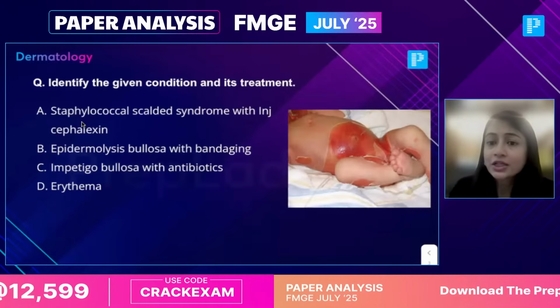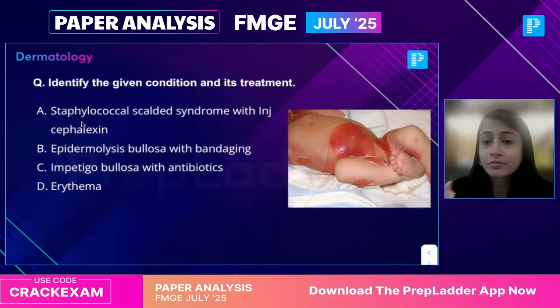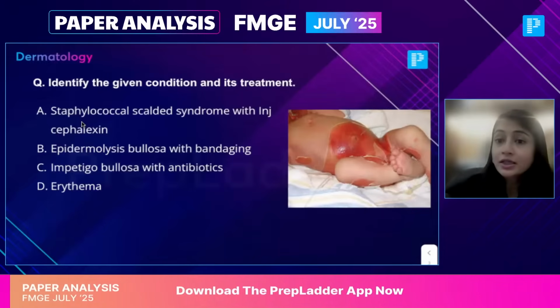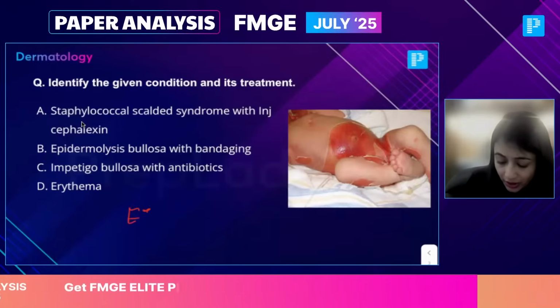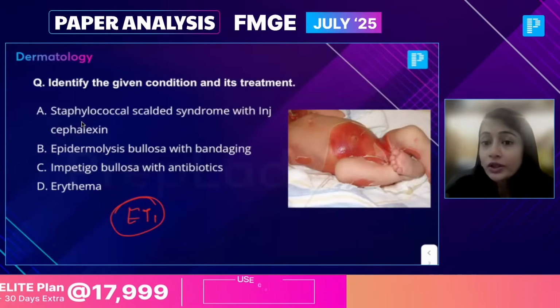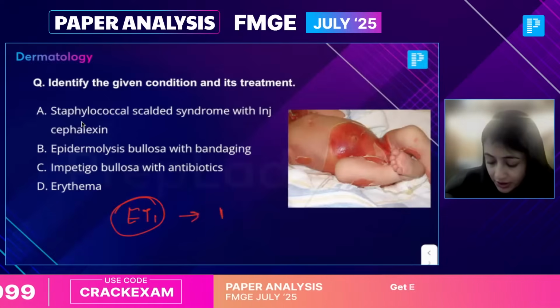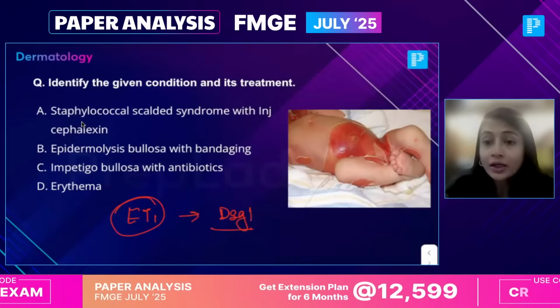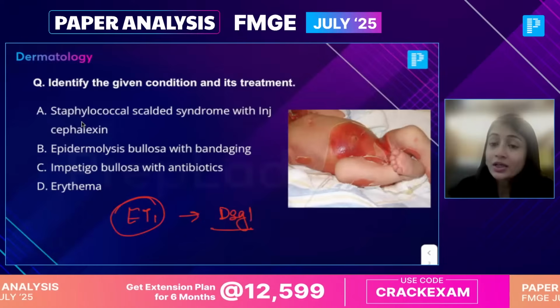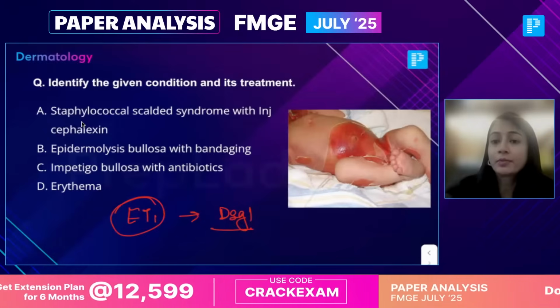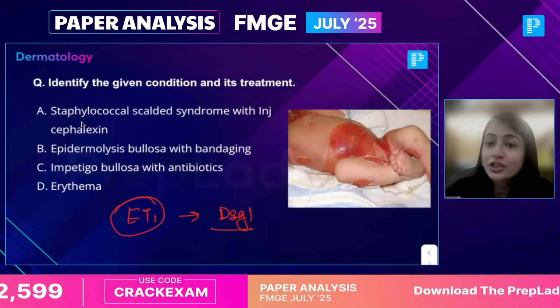The rash is peeling off of the skin because it is the exfoliative toxin which targets desmoglein 1. Since desmoglein 1 is present in the superficial layer of the epidermis, I see superficial peeling of the skin.